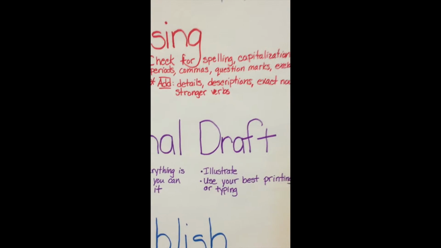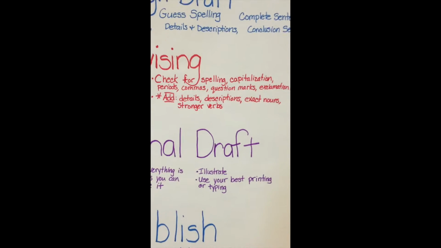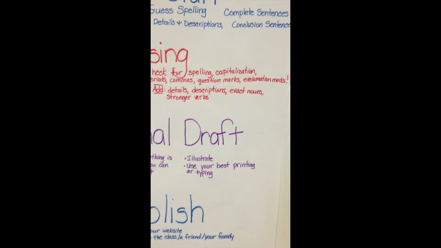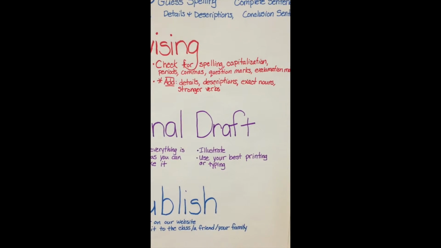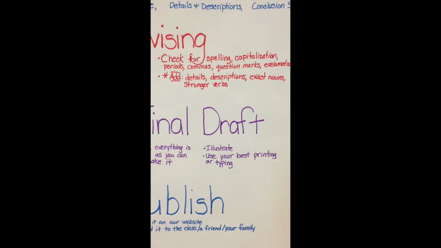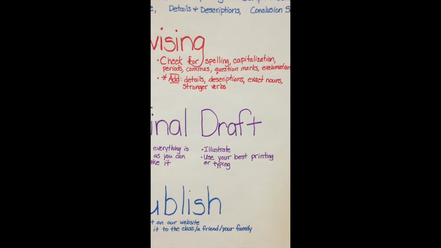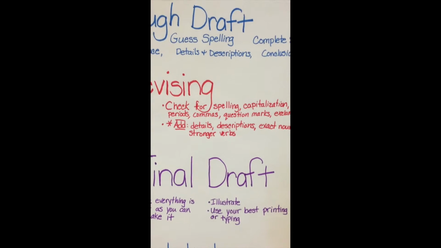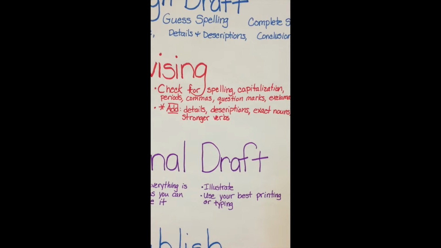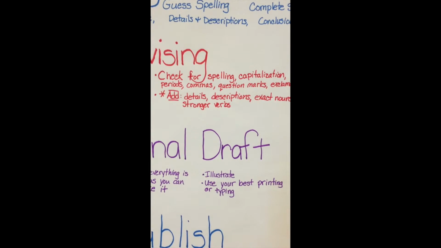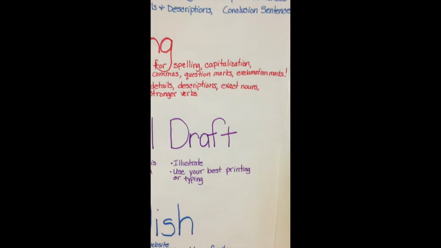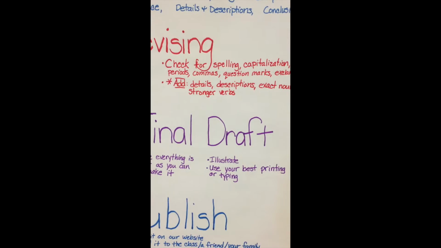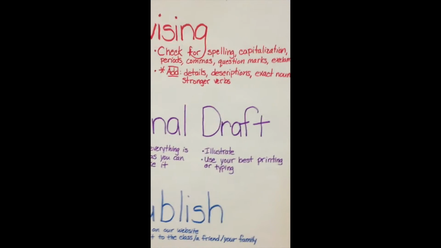And some of the things that you're going to be looking for in your friend's writing and your own writing, and they'll be looking for in yours, is how you could add details or descriptions so that you can make your writing more interesting. And then you can do some editing. You will look for spelling and capitalization and punctuation through your writing and in your friend's writing.